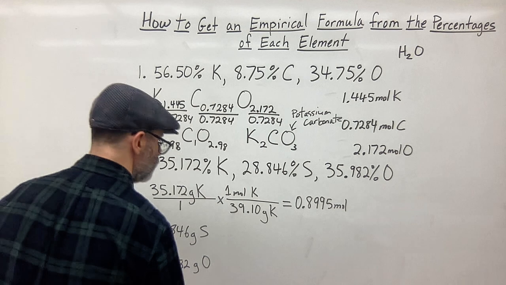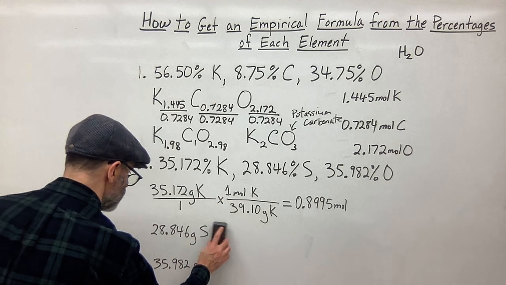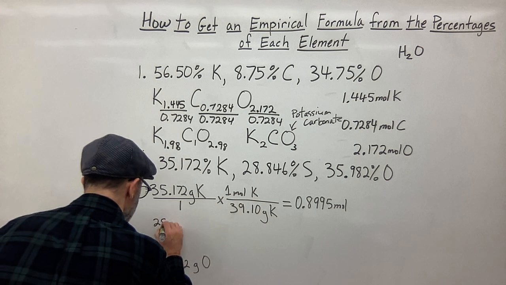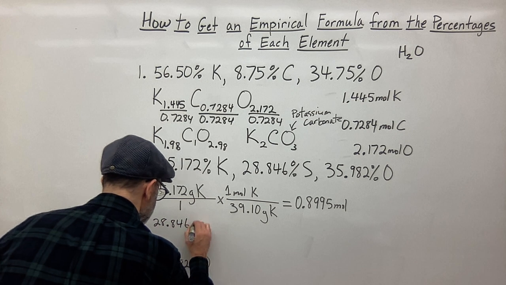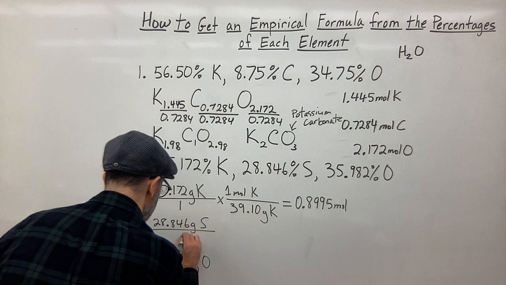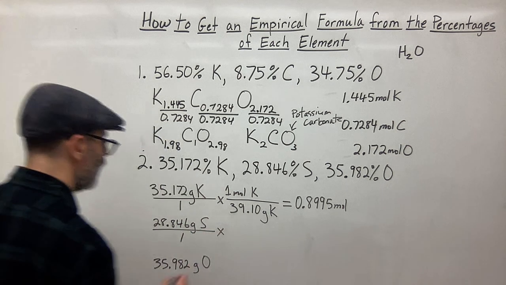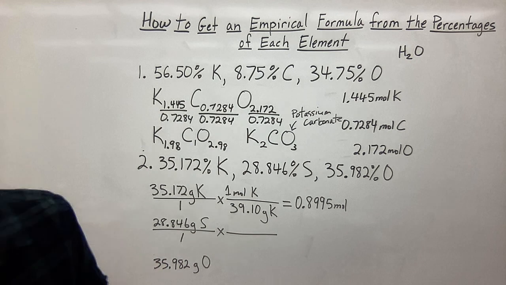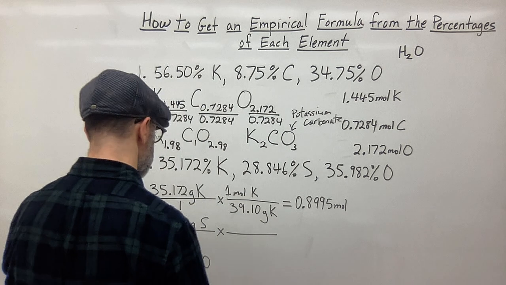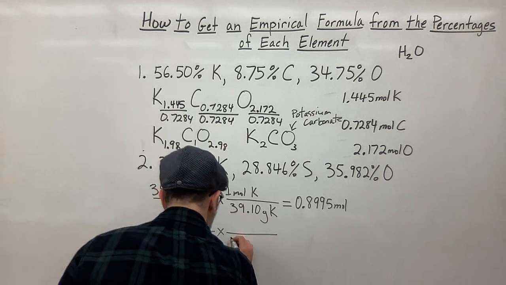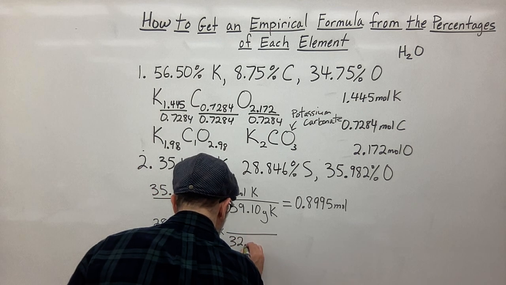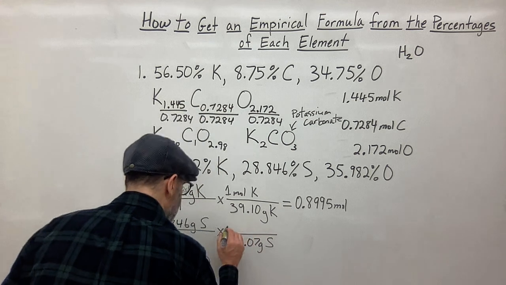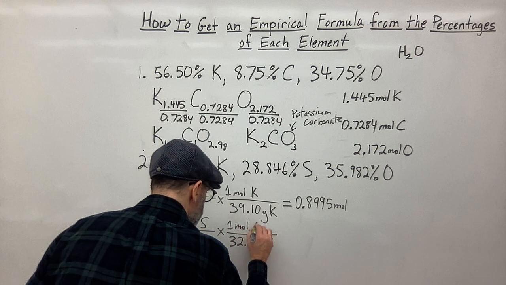Next, I have sulfur, so I'm going to move this up a little bit: 28.846 grams of sulfur. I'm going to put that over 1. Again, I'm going to multiply by the conversion factor of sulfur, which is 32.07. So I'm going to put 32.07 grams of sulfur on the bottom, and 1 mole of sulfur on top.